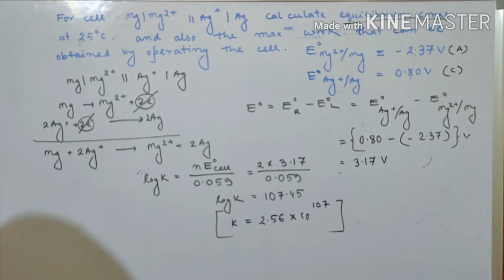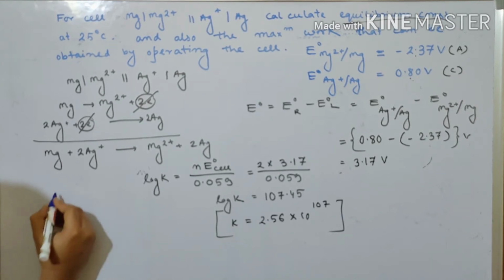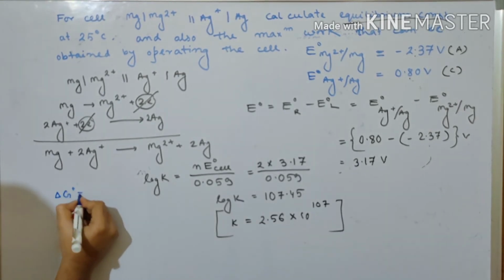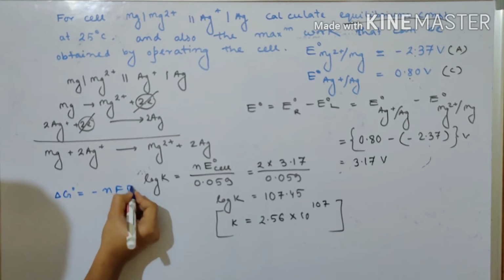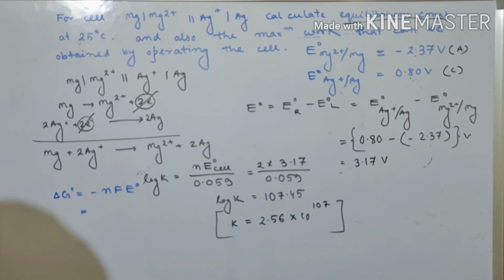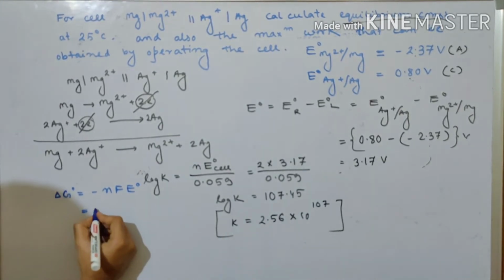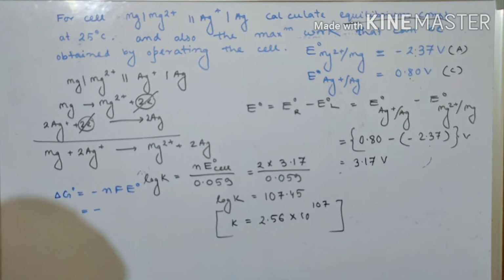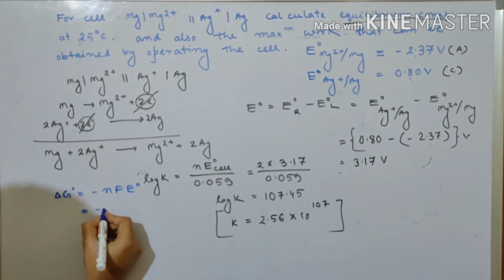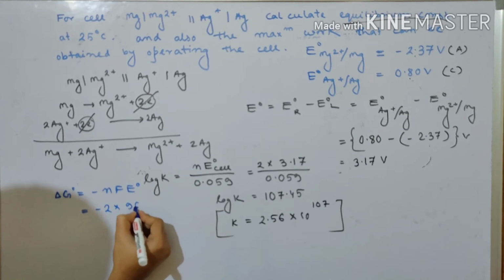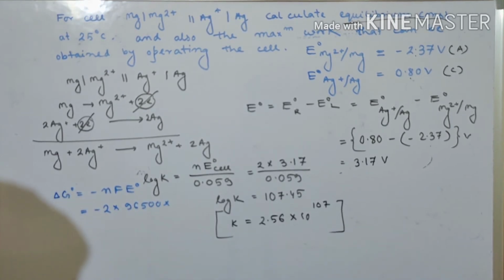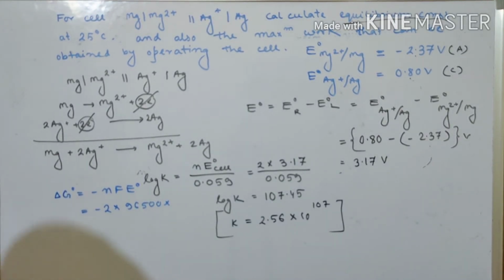Now the calculation of maximum work. To do that, we know the formula is delta G0 is equal to minus nFE0. The value of n is 2. So n value will be 2 into 96,500 into E0 value, that is 3.17.